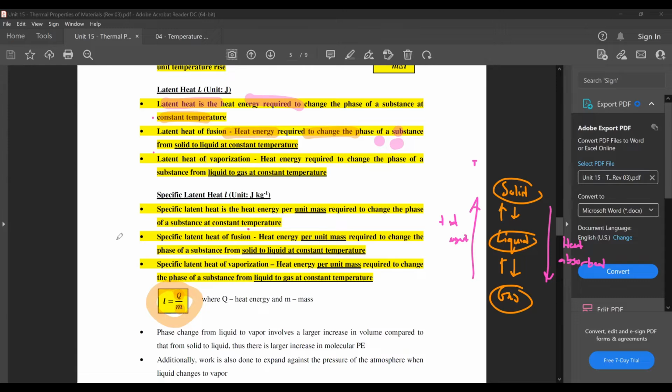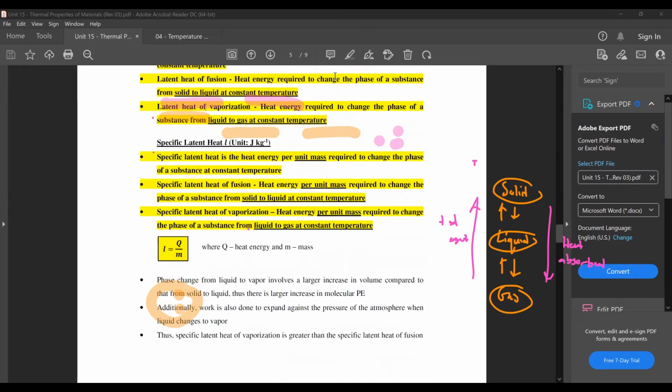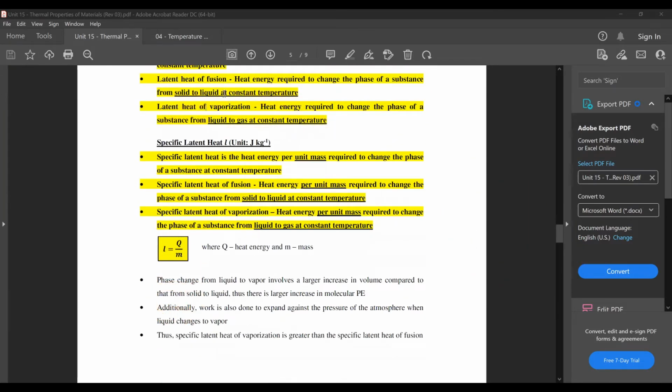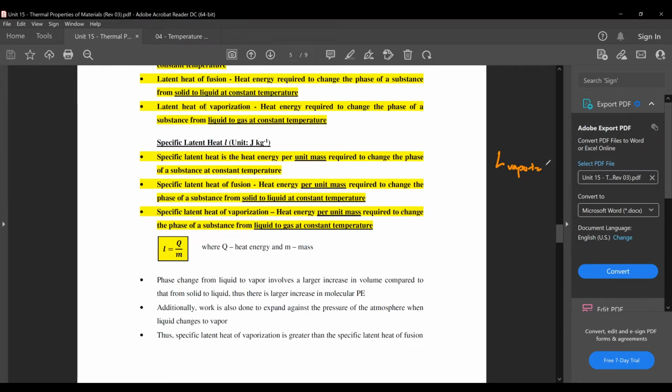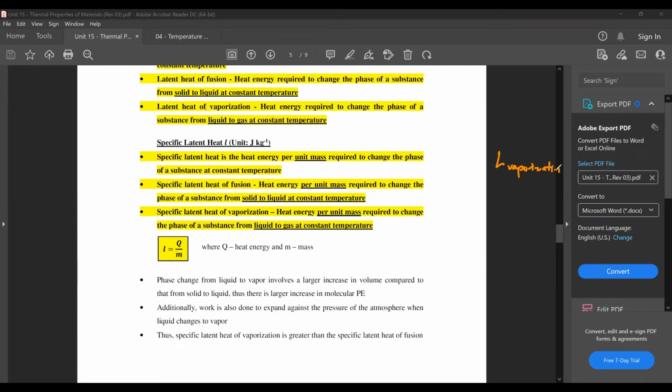Now, sometimes your question may also ask you, why is it that specific latent heat of vaporization is generally more than the specific latent heat of fusion?